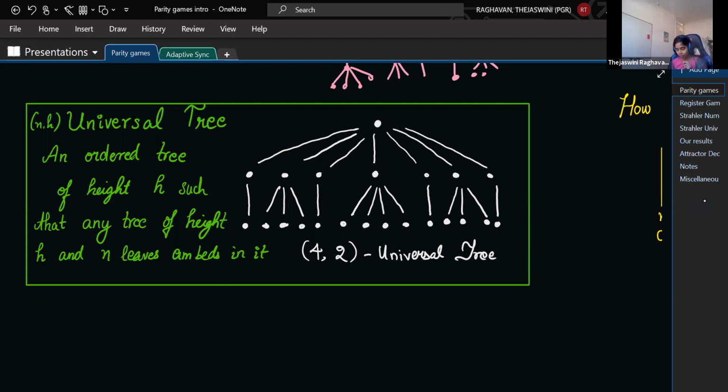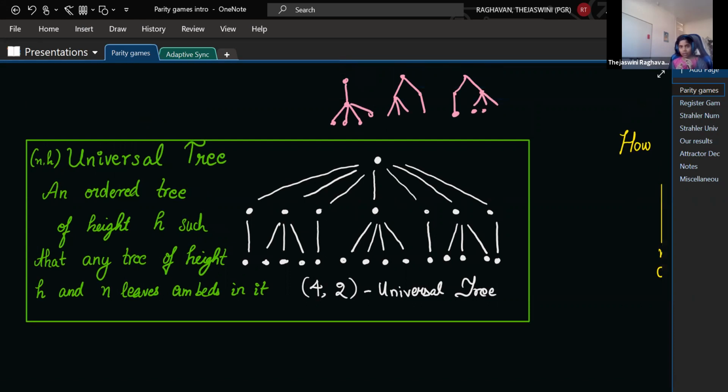If you look at this tree, this is a 4,2 universal tree. What this means is that if you take any tree with height 2 and at most 4 leaves, then you can fit that over here.